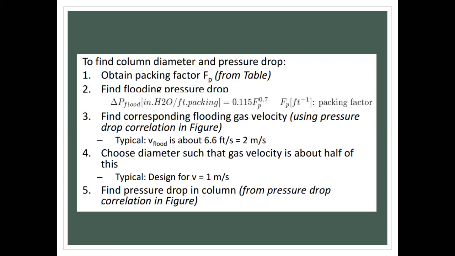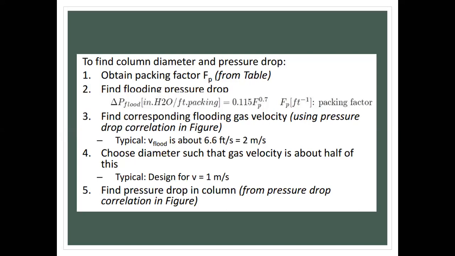Then we find the corresponding linear gas velocity in the region of about to be flooded, meaning it has to be lesser so that it won't be flooded, which is 6.6 feet per second, and that's around 2 meters per second.